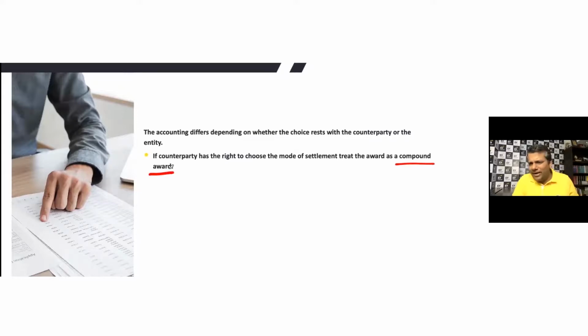Ordinarily, we see this as: if the counterparty has a right to demand cash, then it is largely cash settled, because you generally don't assume that you will be able to discharge your liability by issuing shares. If I have an option to demand cash, then I would like to settle this by receiving cash. But it is treated as a compound instrument.